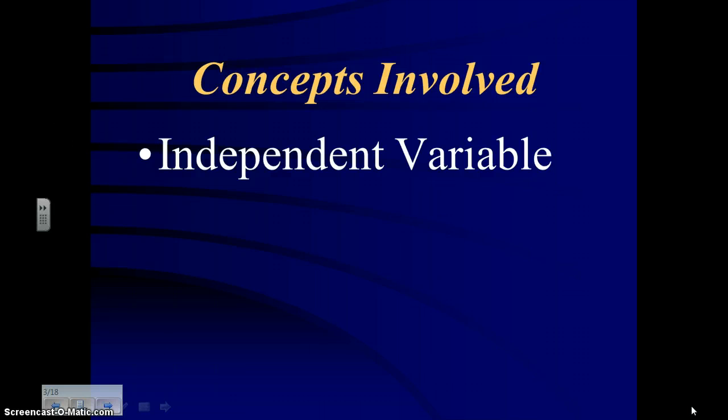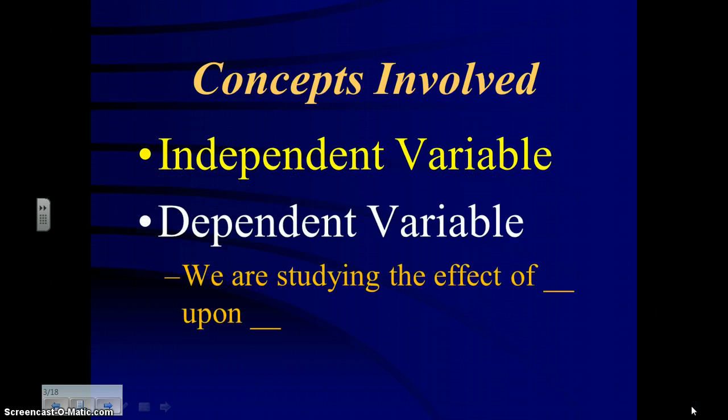The dependent variable is the concept which may or may not be altered as a result of the independent variable. So it's a cause and effect type deal. If you think of the independent variable as the cause of something, the dependent variable is the potential effect.